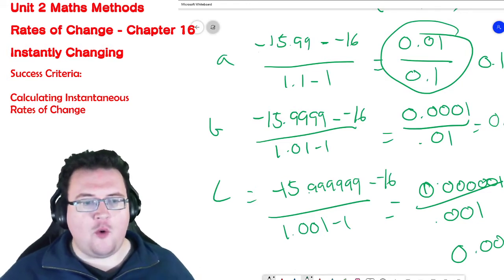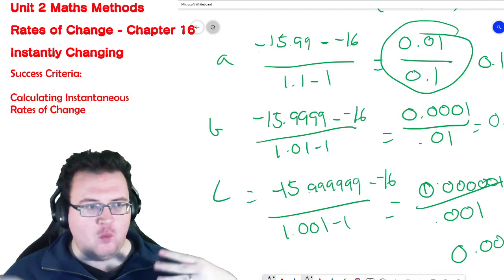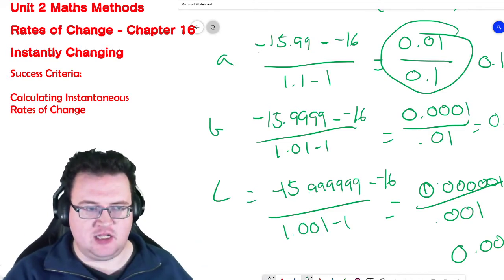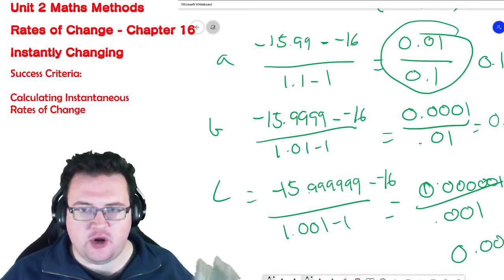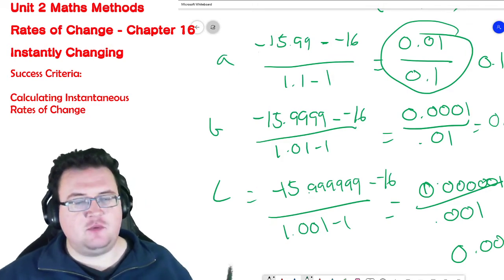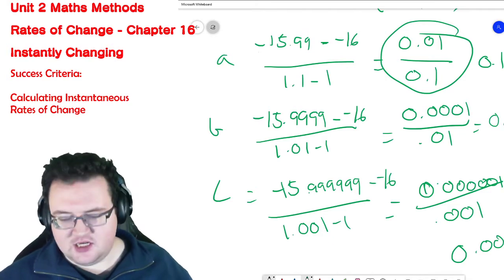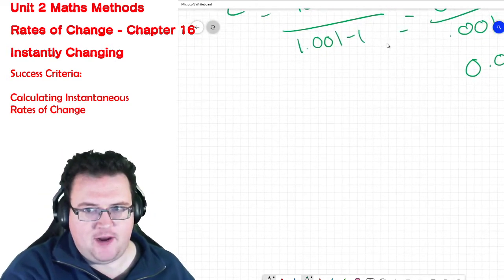All right. What we are working towards is an algebraic way of working out the gradient at any point on a line. All right, at any point on a line. So I'm going to show you something that we're going to go into a little bit more next class, because I think it might help visualize what's going on a little bit better.